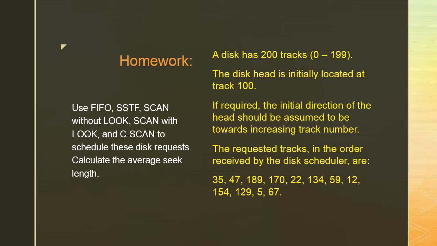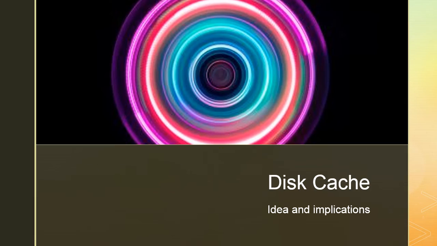The requested tracks in the order received by the disk scheduler are 35, 47, 189, 170, 22, 134, 59, 12, 154, 129, 5, and 67. Use FIFO, SSDF, scan without look, scan with look, and C-scan to schedule these disk requests. Calculate the average seek length.